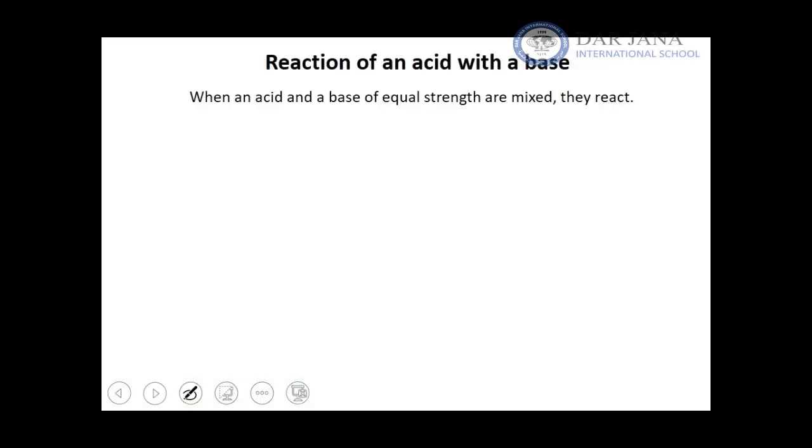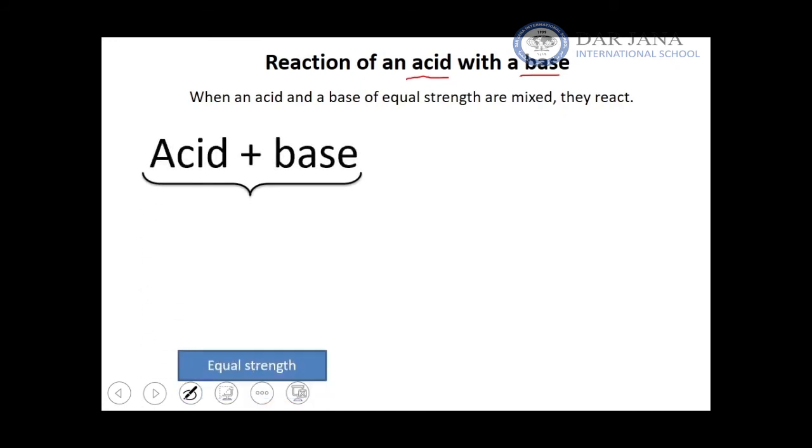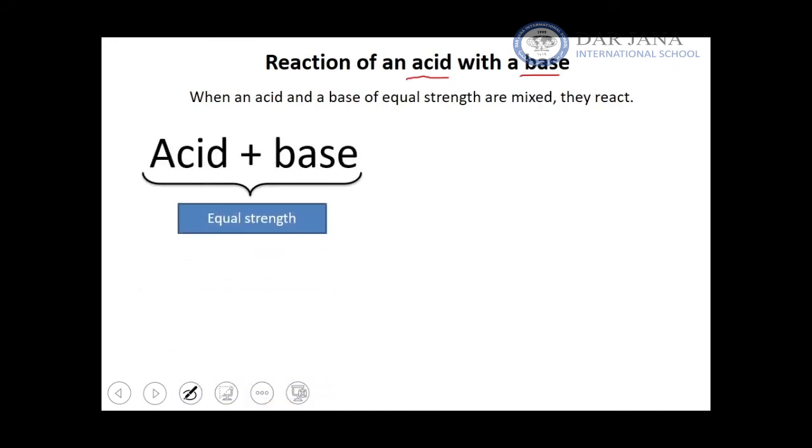Now what happens when you mix an acid with a base? A chemical reaction will take place and you will have a formation of salt and water.